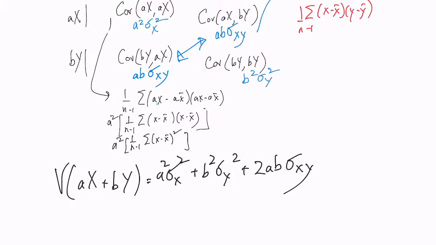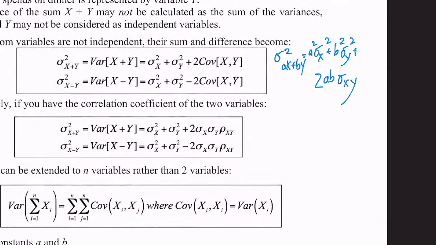That's the notation I used. You could also write it as covariance, which is what I do here.